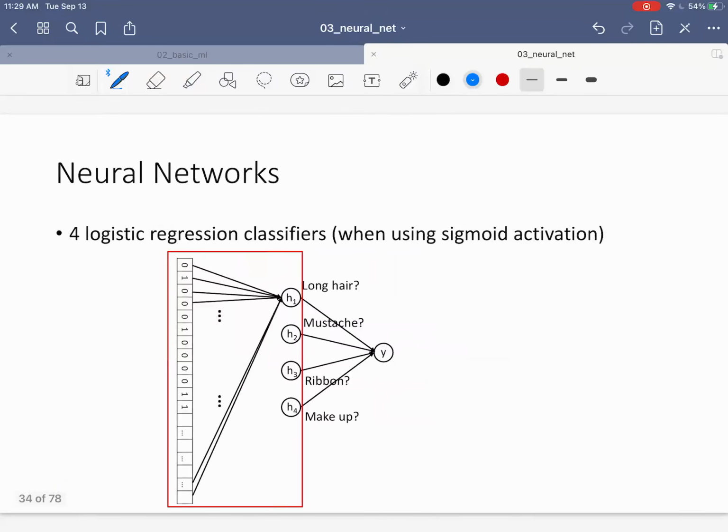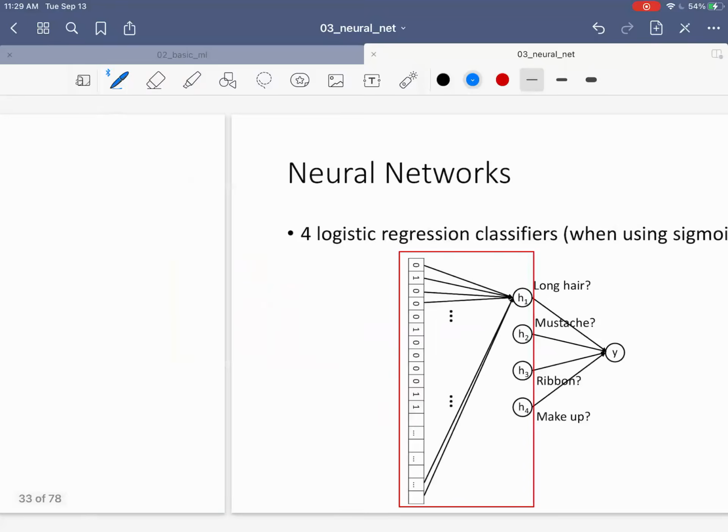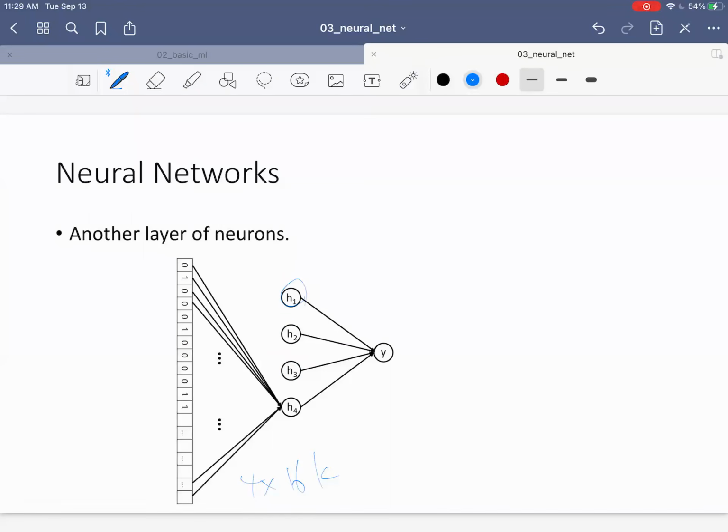You can think of each individual hidden neuron as its own logistic regression. You can imagine 4 hidden logistic regressions inside before you go to the final logistic regression. So there are actually 5 logistic regressions in this model architecture because you're using the sigmoid function as the activation function throughout.